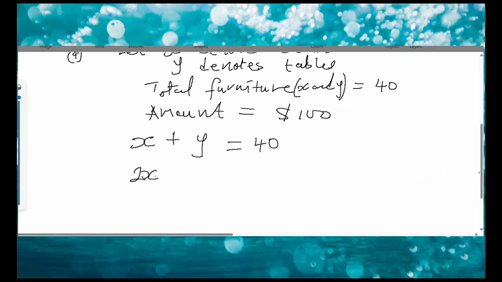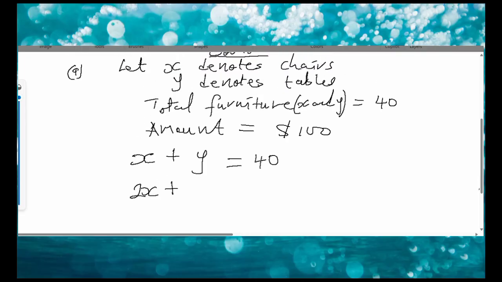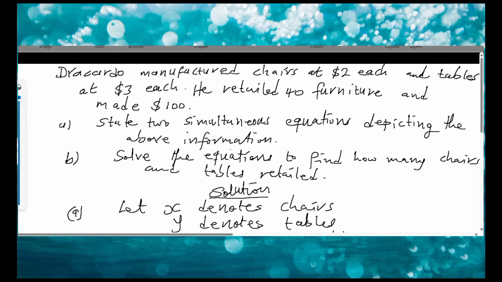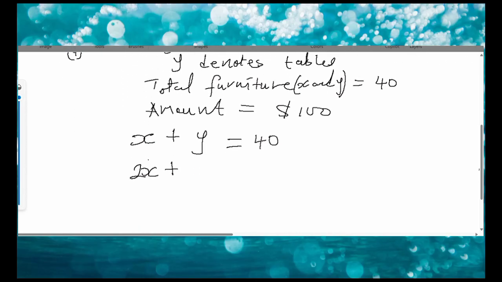So to know the amount, each chair costs $2, right? So if we have x chairs, the price of x chairs is going to be x times 2, right? Plus the number of tables. Each table costs what? $3. And tables, y depicts tables, right?